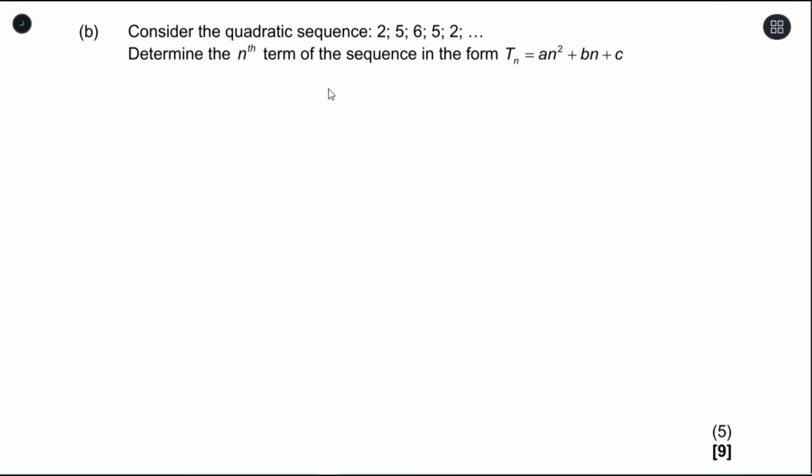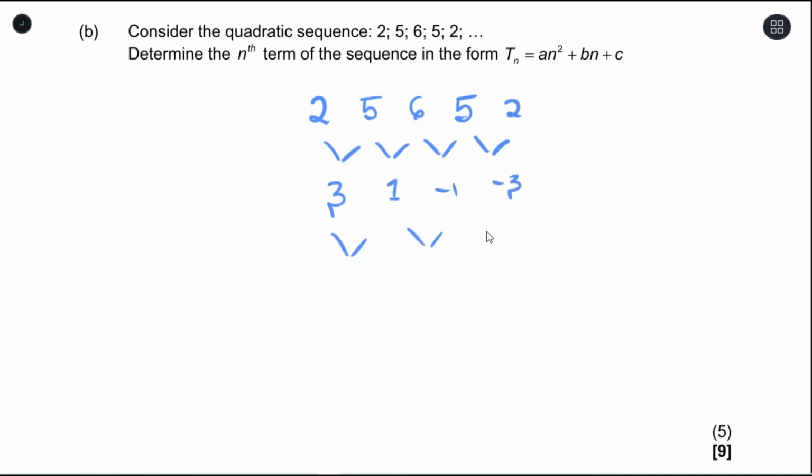So let's write this out. First of all, I write it like this. Now making our first difference, meaning subtracting each of the consecutive terms, you're going to get this. And getting our second difference, which we expect to be equal.